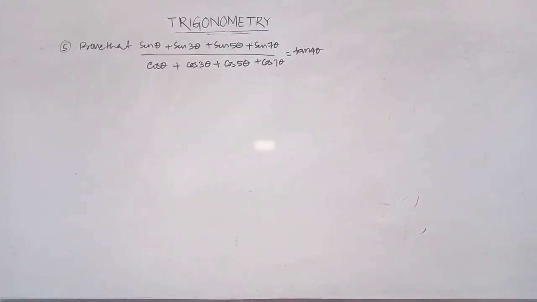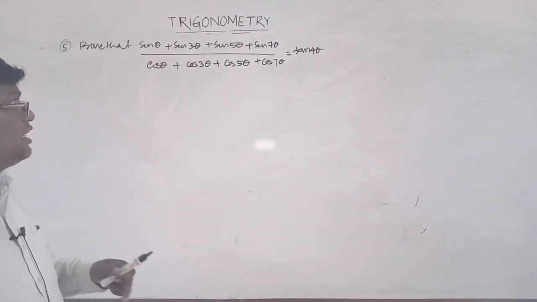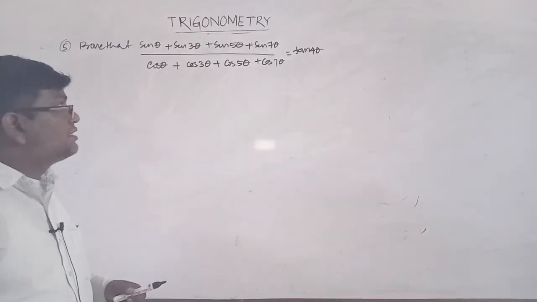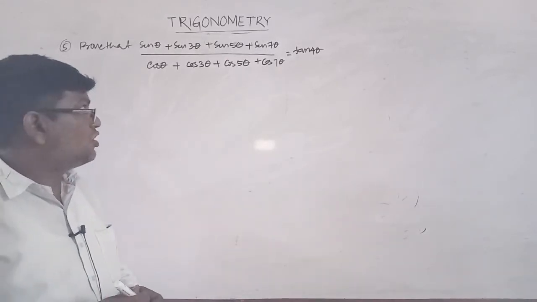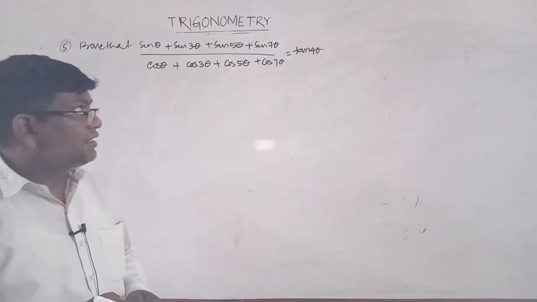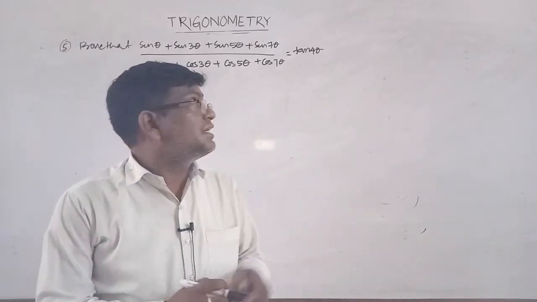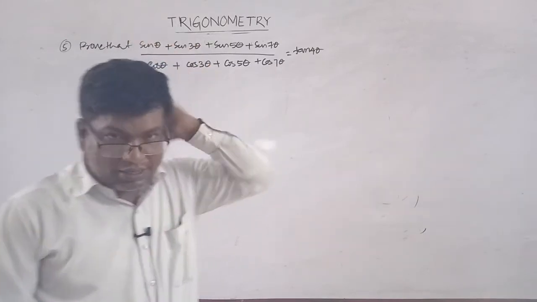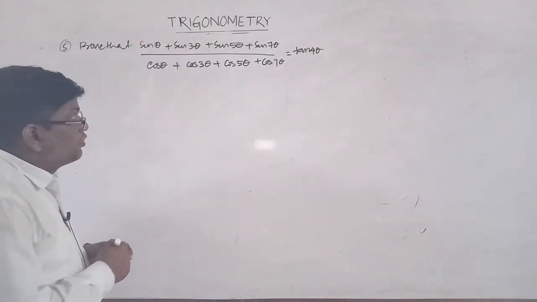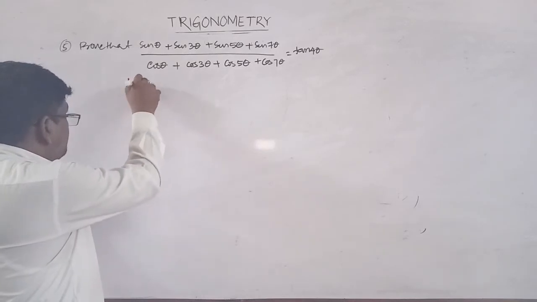Prove that sin theta plus sin 3 theta plus sin 5 theta plus sin 7 theta divided by cos theta plus cos 3 theta plus cos 5 theta plus cos 7 theta is equal to tan 4 theta. That is the left hand side.